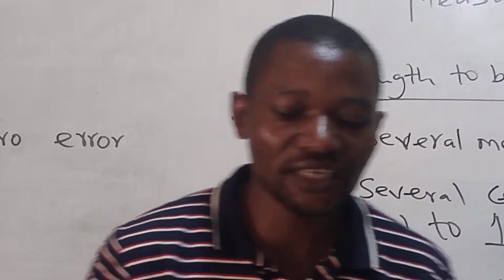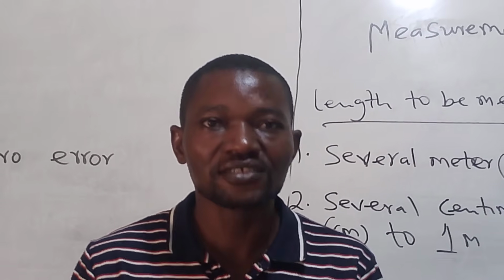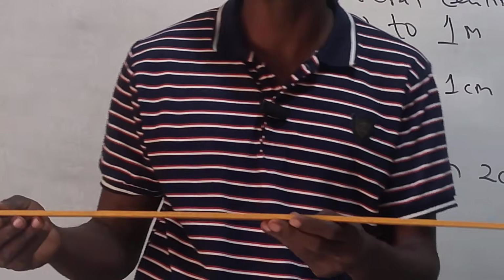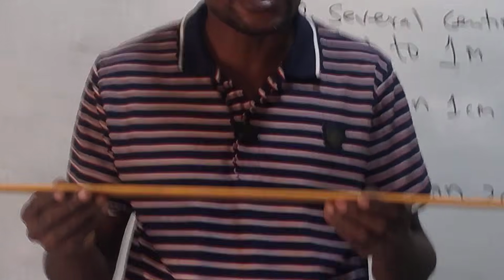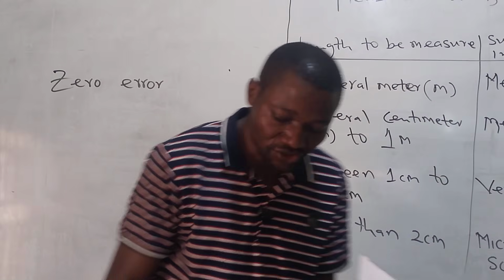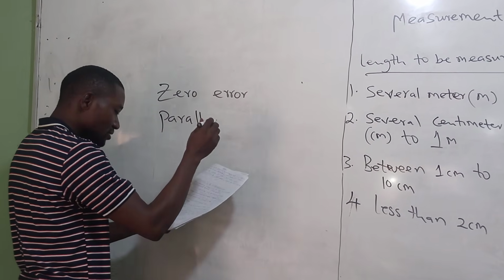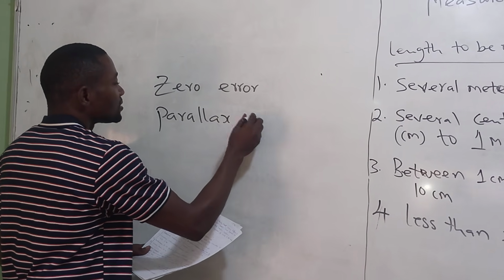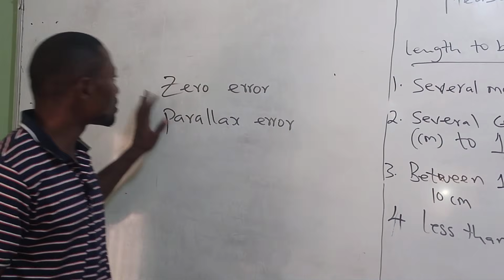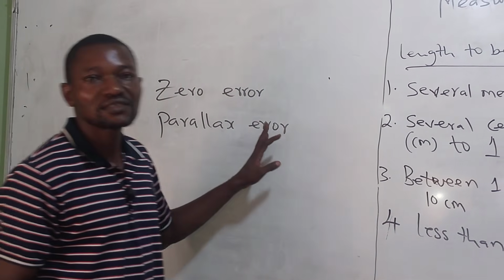Also, in taking a measurement, you take your reading at eye level. For instance, reading this meter rule. It's not good you look at it from an angle like this. You look at it directly. And if you don't do that, it leads to an error, which we call parallax error. So there are two errors that are obvious in measurement, and precaution must be taken: the zero error and the parallax error.